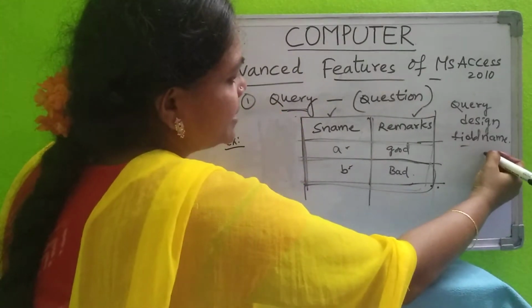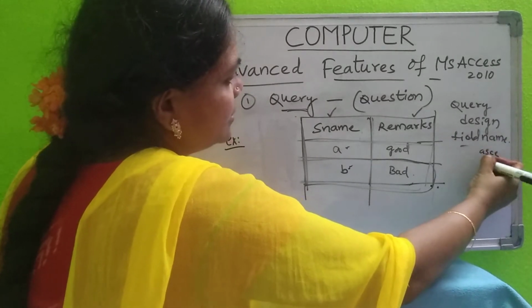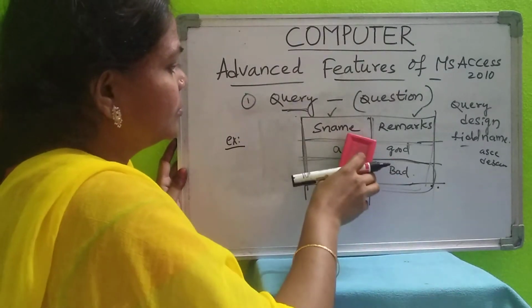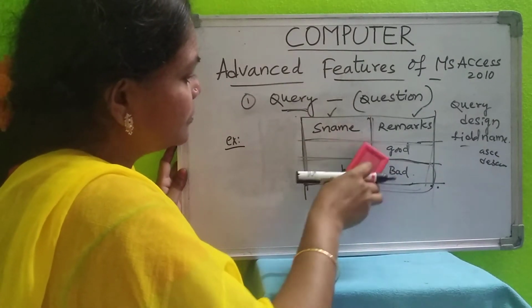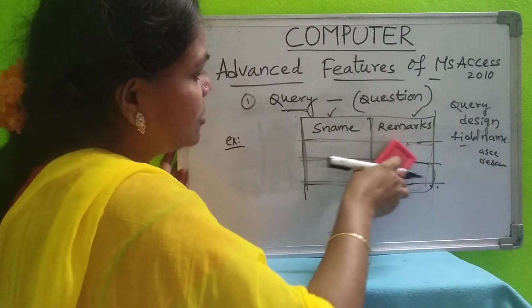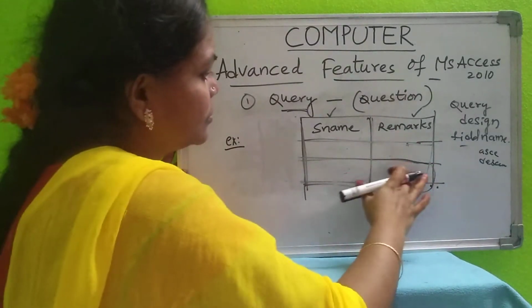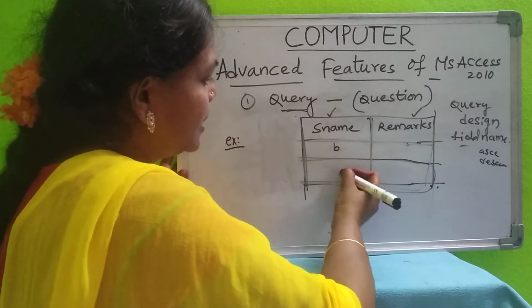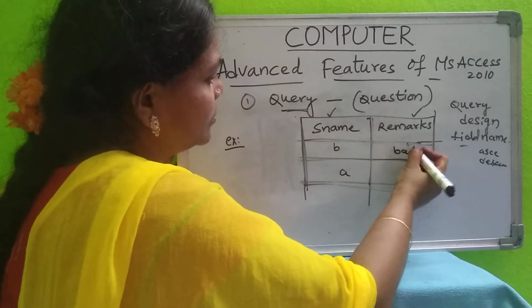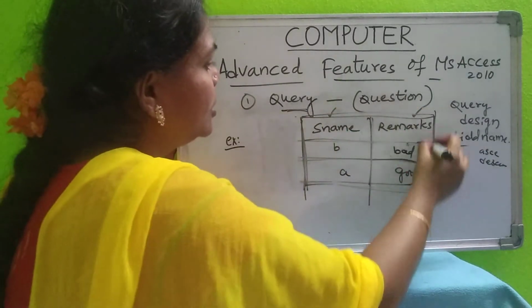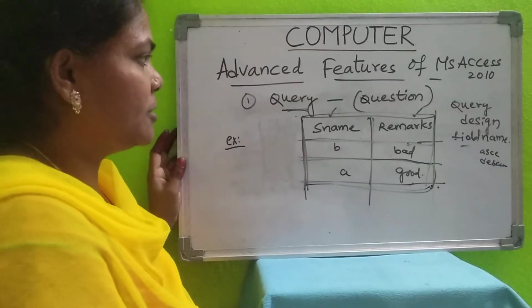Here you can select ascending or descending. I gave descending order, so B, A. Like this, the records along with these two column names will be displayed.